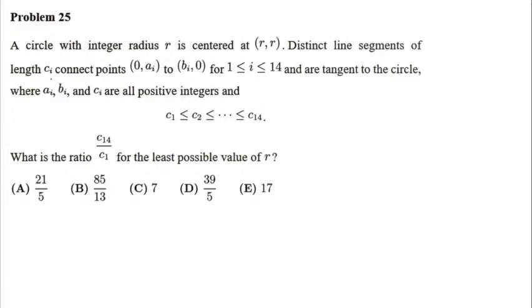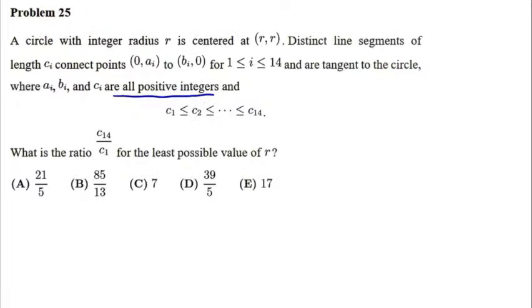Distinct line segments of length ci connect points (0, ai) to (bi, 0) for i between 1 and 14 and are tangent to the circle, where ai, bi, and ci are all positive integers, and c1 is less than or equal to c2, up to less than or equal to c14. What is the ratio c14 to c1 for the least possible value of r?